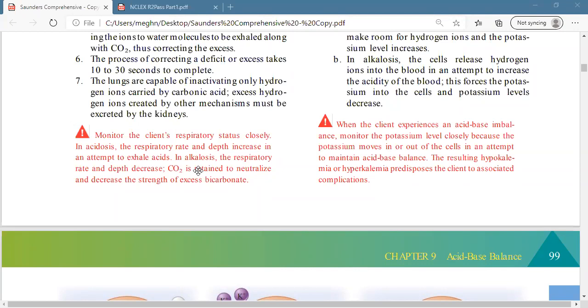So what we understand from this red line is that we have to monitor the respiratory status, right?